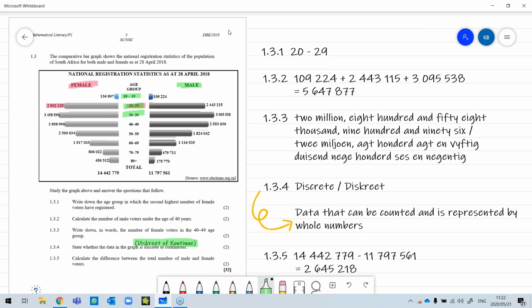So now we are going to say 109,224 plus 2,443,115 plus 3,095,538. And if we add those three values together, we have an answer of 5,647,877.